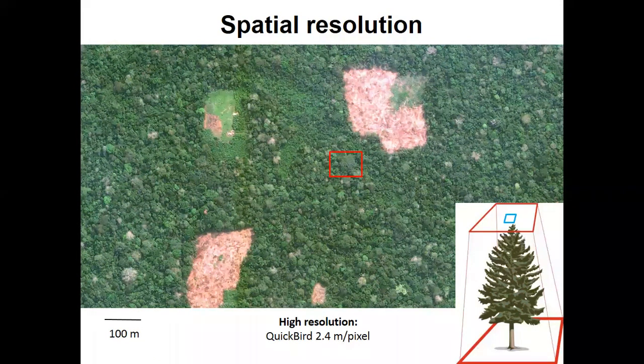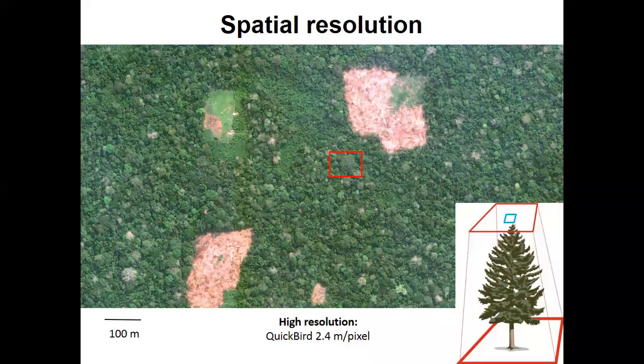Spatial resolution is a projection of a pixel on the ground, and it is related to the area covered by that single pixel. If a pixel is small enough, like in that high resolution image from the QuickBird satellite, you could see every single tree in the forest, and sometimes even branches.